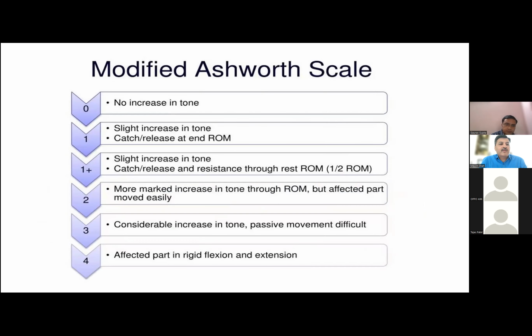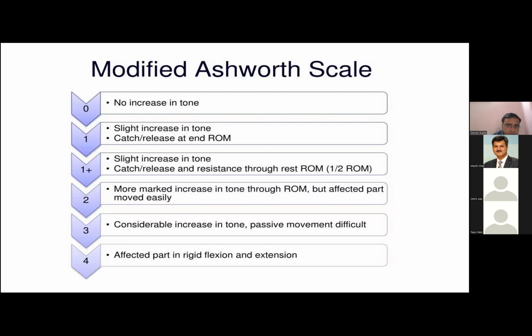Thank you. So, the modified Ashworth scale is where we grade the muscle tone from 0 to 4. In 0, there is no increase in tone, or it's a normal muscle. Grade 1, there is slight increase in tone, and there is a catch or a release only at the terminal range. 1 plus, where there is a catch or release in half of the range.